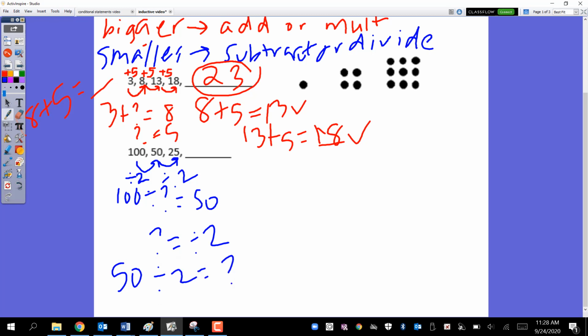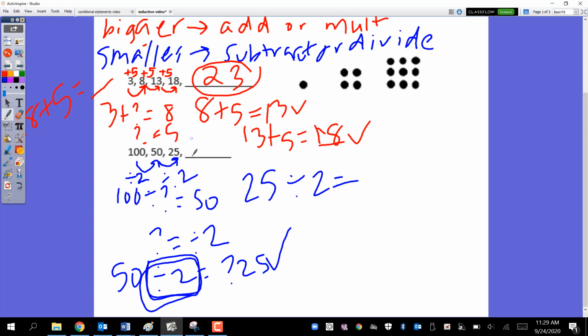What is it? 50 divided by 2 is 25, which is what the next number was. So that is the pattern. The pattern is divide by 2. So now I just need to do 25 divided by 2 to get the next number. 25 divided by 2 is actually a decimal. Does that mean I'm wrong? No, it just means it's a decimal. So it's 12.5, I believe, is the answer. 12.5. Great.